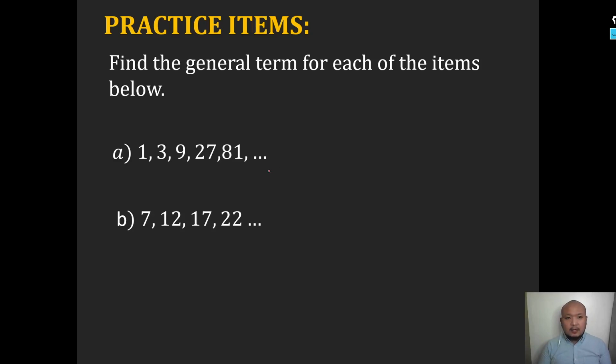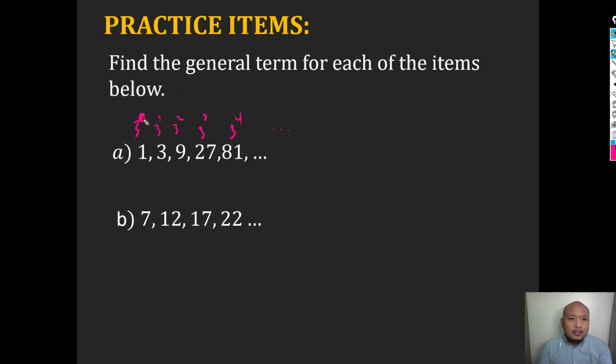So in that particular case, if these were powers of 3, this is actually 3 sub 0, 3 sub 1, 3 sub 2, 3 sub 3, 3 sub 4, and so on. Diba? So if we will write a general rule for that, still remember, this is a sequence formula, so your domain should still be natural numbers.